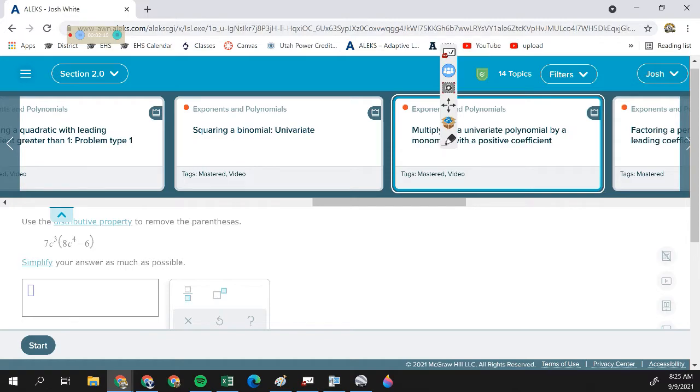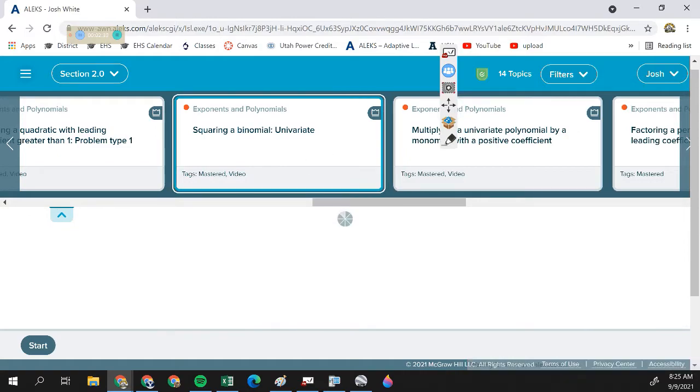So here we're going to multiply 7c to the third into those. Can you guys change the order of these? Can you do them out of order? Yeah? Okay. Because anyway, it doesn't really matter, but they're not in the order that I put them in, which I don't know why that's the case.